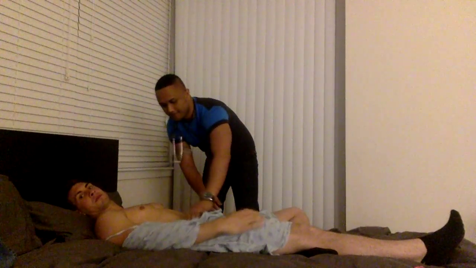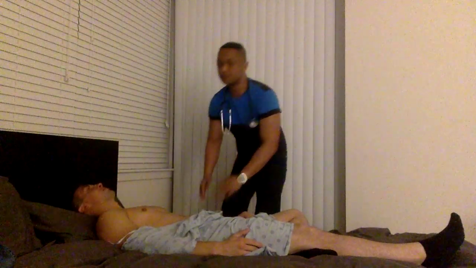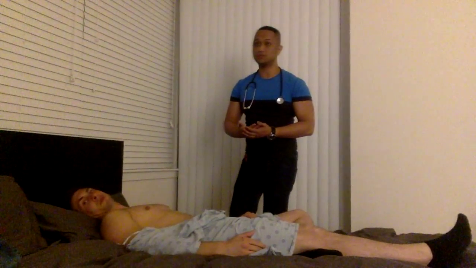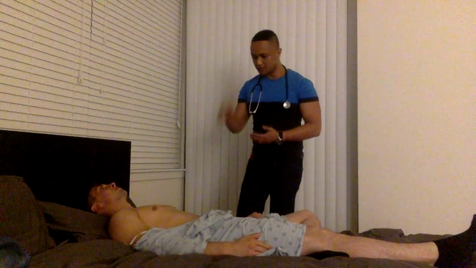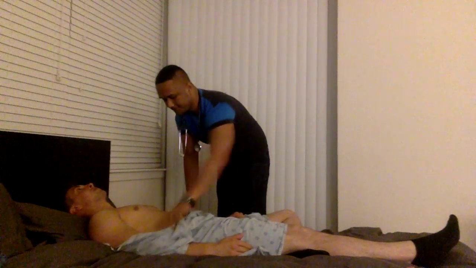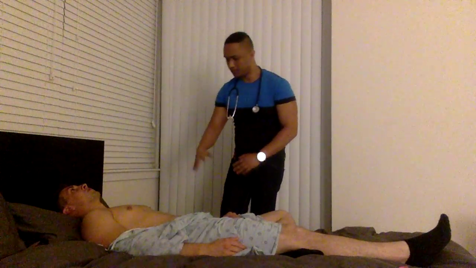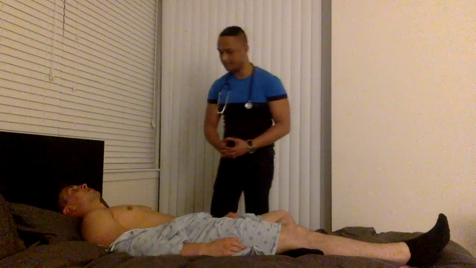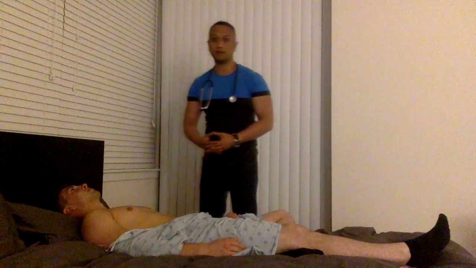So I'm going to expose part of your abdomen also. The first part of the abdominal assessment is inspection. So you want to look for any scars, any pulsations, any contours of the abdomen.